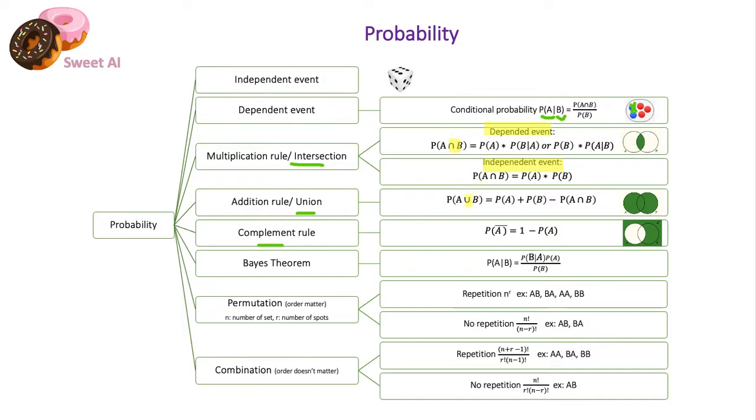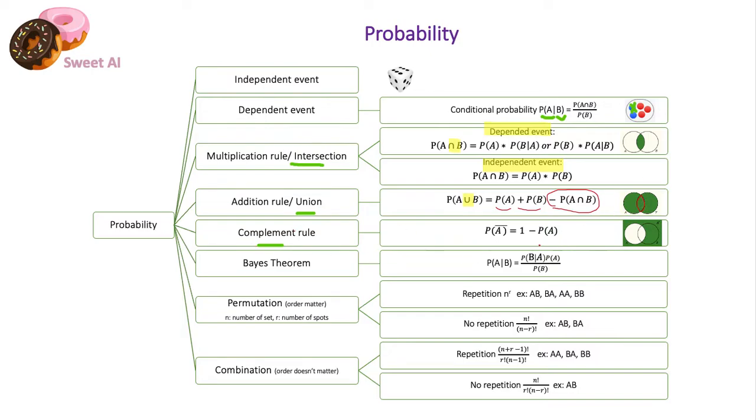The other one is union, and this is the symbol that we use to show it, and it says probability A plus probability B, minus the probability of the intersection of these two. The reason is that because they have overlap, this area is calculated twice, and we need to deduct that from probability A and B so we do not consider that two times.